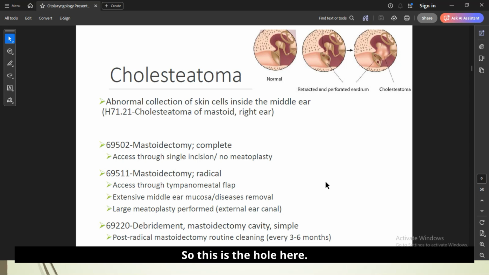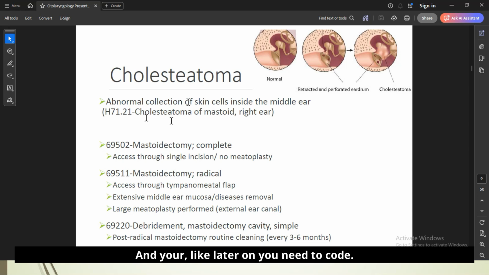So this is the hole here. This is the cholesteatoma. So basically cholesteatoma is a cyst in the middle ear. Because of this cholesteatoma, the patient will have abnormal collection of skin cells. So that time you will use this one. Here your diagnosis will be H71.21, cholesteatoma of mastoid, right ear.